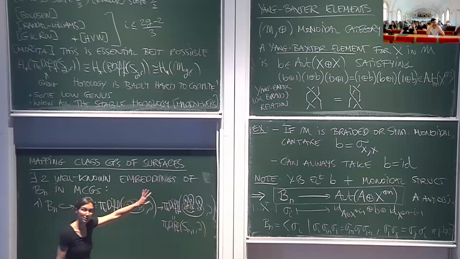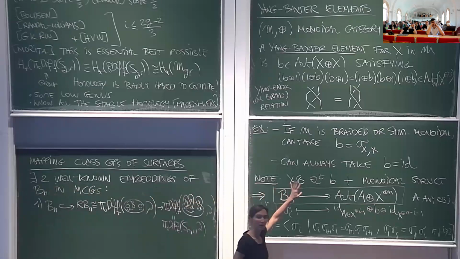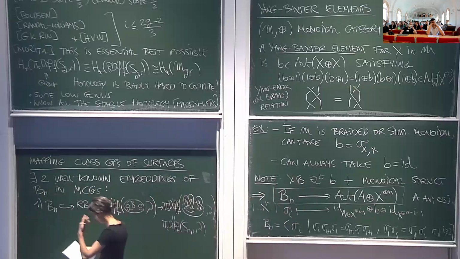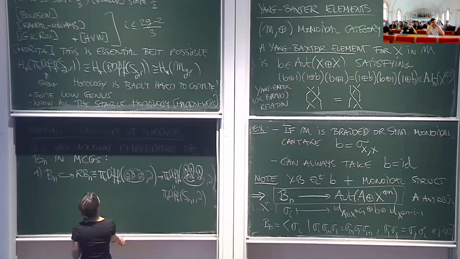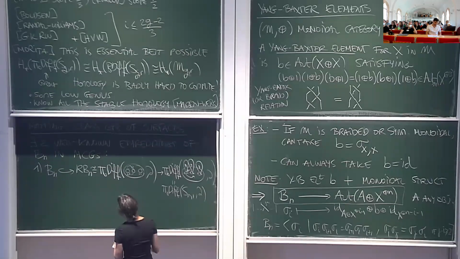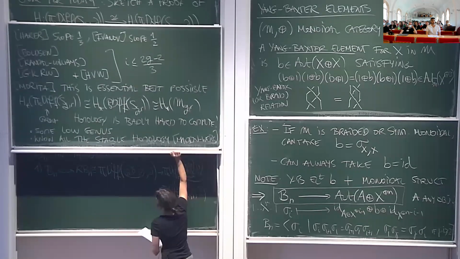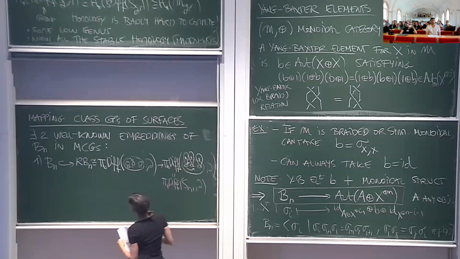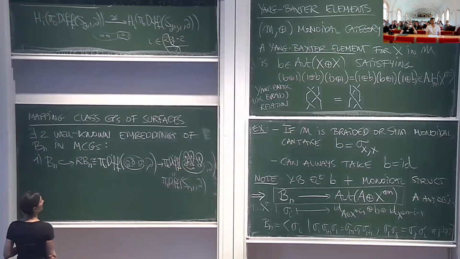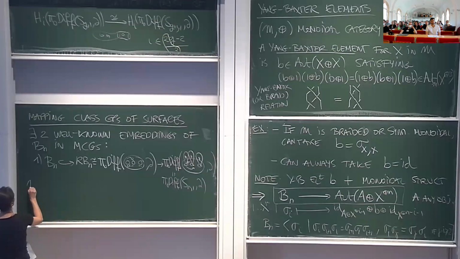Okay, so I want to relate this to what I was talking about here. I was talking about a monoidal category in which I was picking some element X and some little element B. Just a second. Okay, so what is M?